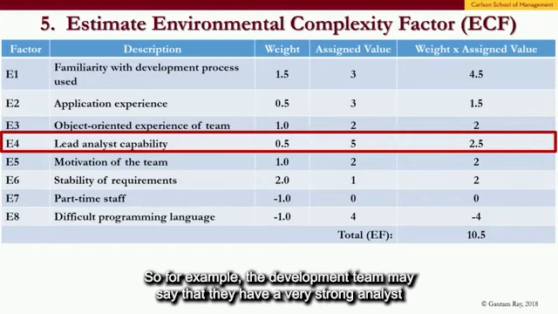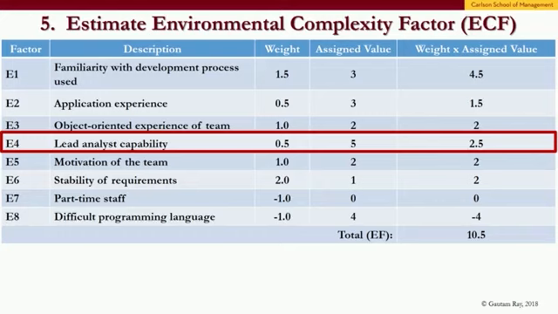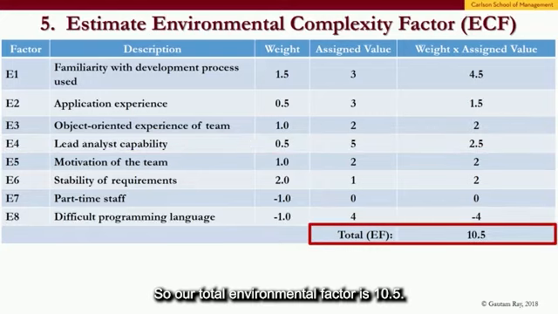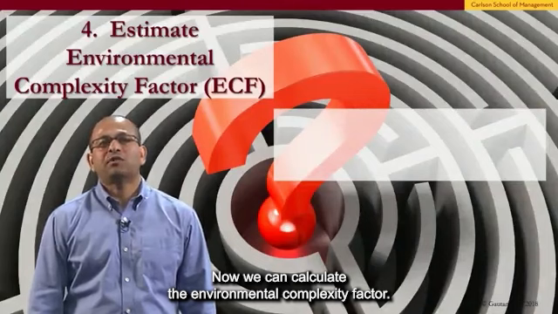So for example, the development team may say that they have a very strong analyst and assign a value of 5 to the lead analyst factor. So our total environmental factor is 10.5. Now we can calculate the environmental complexity factor.